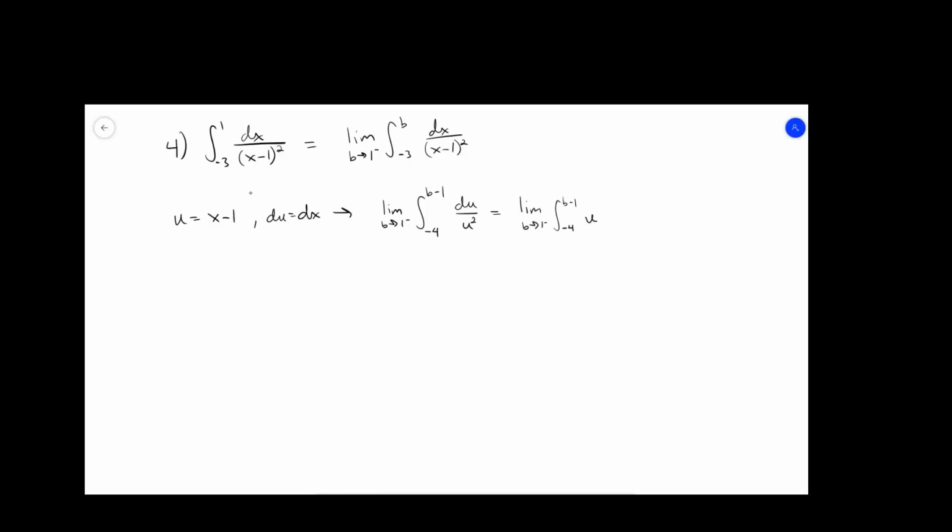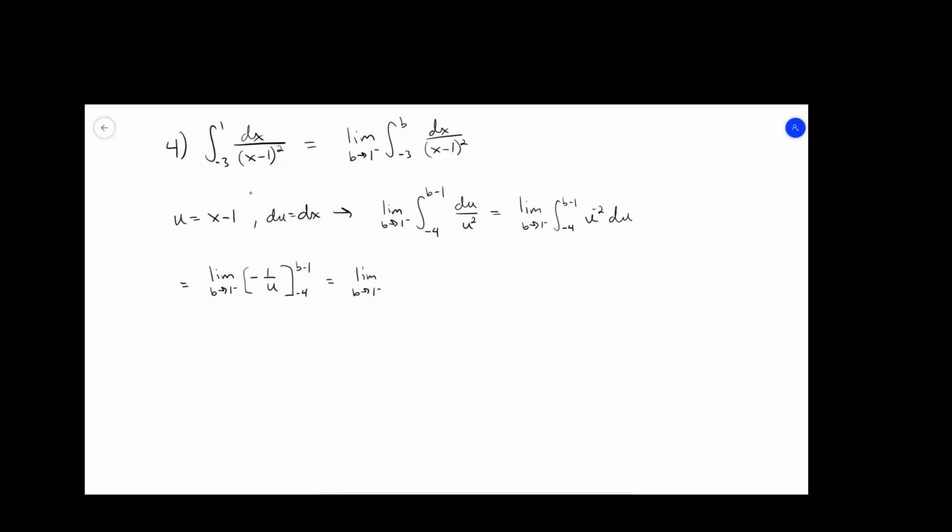And then let's write this with a negative exponent so that we can use the power rule. So we get limit as b goes to 1 from the left. That's going to be negative u to the negative 1, right? So we're actually going to get negative 1 over u.